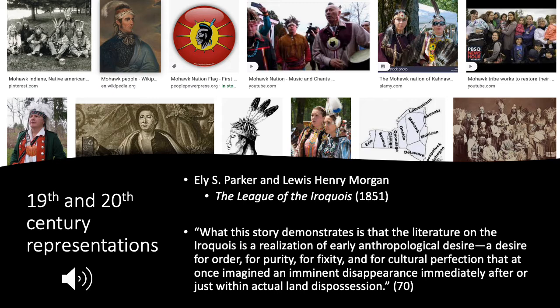He's articulating a desire to know an authentic Haudenosaunee culture that is prior to European influence, because he imagines Haudenosaunee culture or Haudenosaunee ways of life, because the culture concept hadn't been invented yet, as being about to disappear, even as he's writing in the context of actual land dispossession, which is a dynamic that often gets left out of his writing and the writings of early anthropologists. Because the idea was that this cultural loss was a natural result of proximity to white civilization rather than a function of colonial violence.